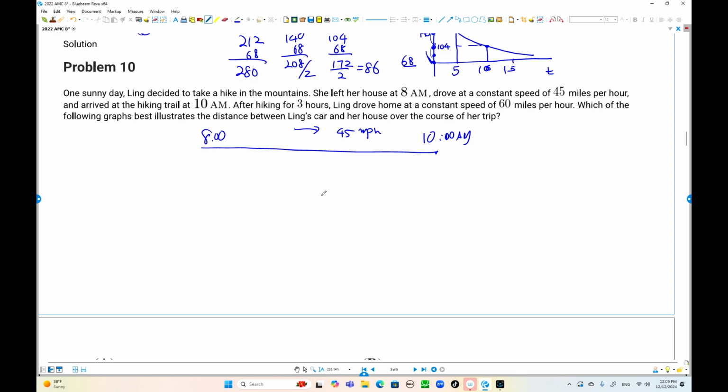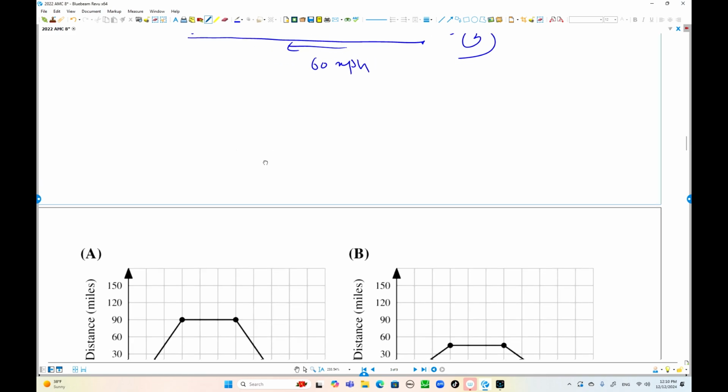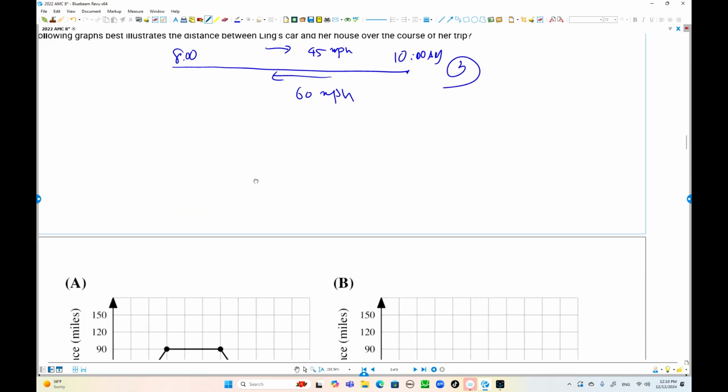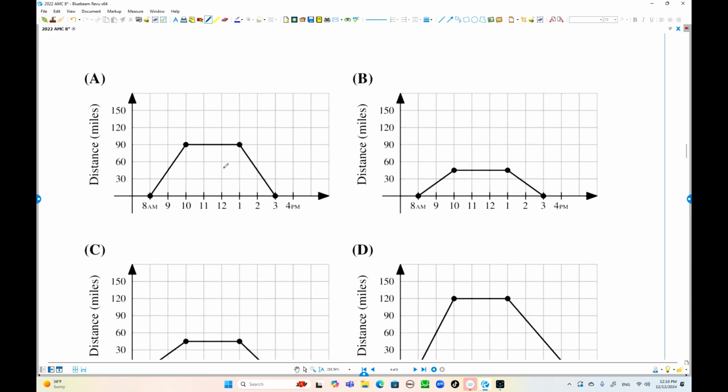Go back after 3 hours. Go back at 60 miles per hour. Here's the question: which of the following graphs? The graphs will be given, right? So we have to check. The first one is 45, the second one is 60, and 3 hours in hiking, right? So these are all 3 hours, that's fine.